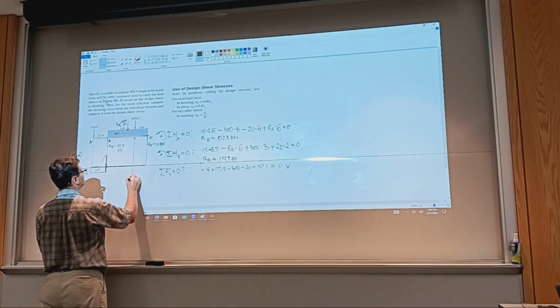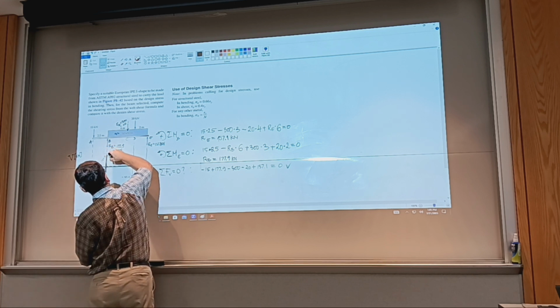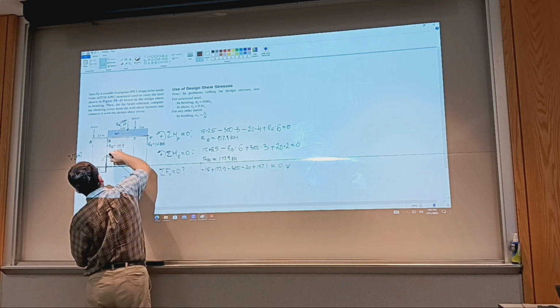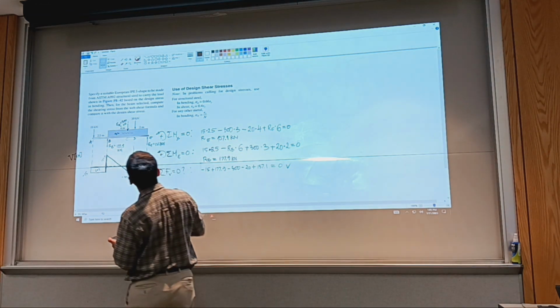And again, a line, and the slope is 50 kilonewtons per meter. Here's where I have a drop by 20.